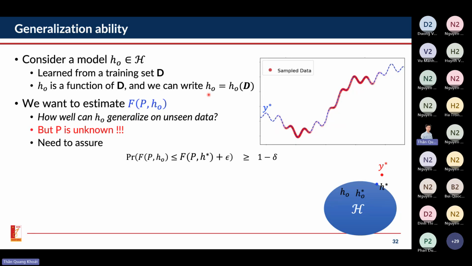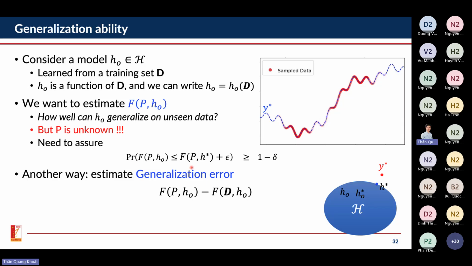But when we want to analyze generalization, we need to ensure that those randomnesses are considered, right? And we need to assure this statement in terms of probability: that the test error of the trained model should not be far from the best model.